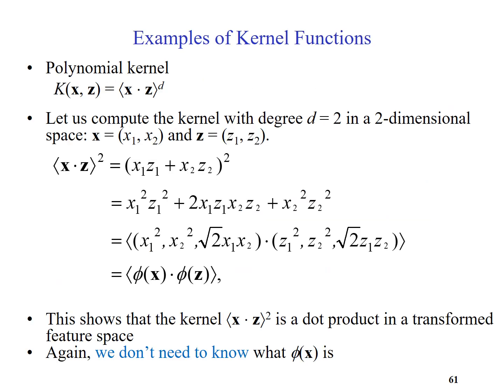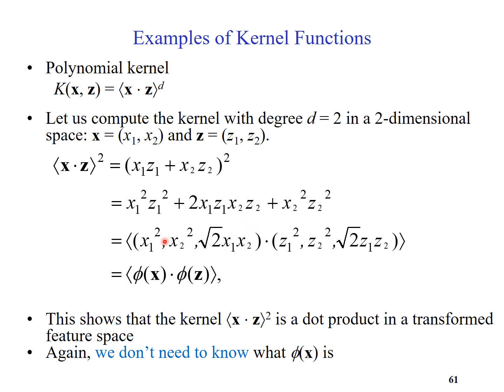This slide is simply another example of using a kernel function. When you choose a kernel like this, it is called a polynomial kernel. If you look at this part here, it converts two dimensions into three dimensions like this.